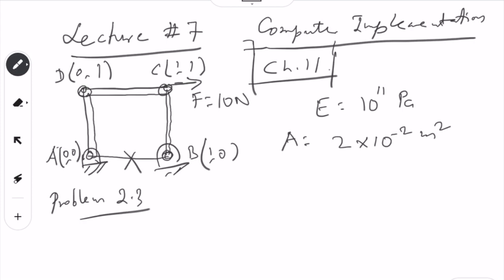Now the question asks first to number the elements and nodes. We will see that in this problem there is one more bar, like this one, otherwise it will not be a structure. So we have 5 bars. This problem we are going to program basically.